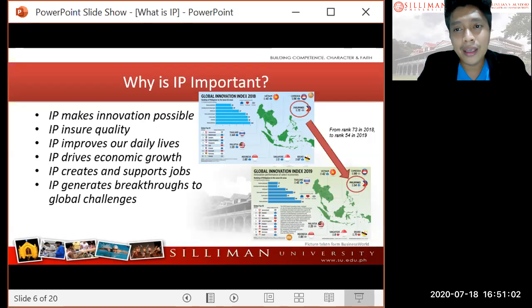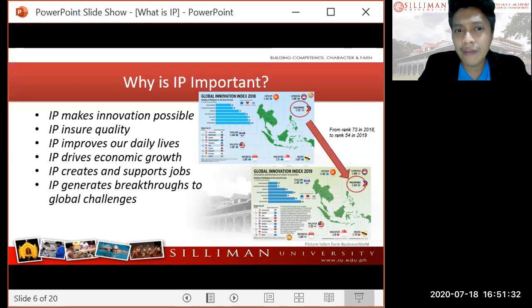So the next reason why IP is important is that IP creates and supports jobs. With IP, it fosters commercialization and creates startups and businesses and improves companies or SMEs. In recent years in the Philippines, the spirit of entrepreneurship has started to spread. It is present in many projects of DOST, the Department of Science and Technology, DTI, and other institutions in the country.